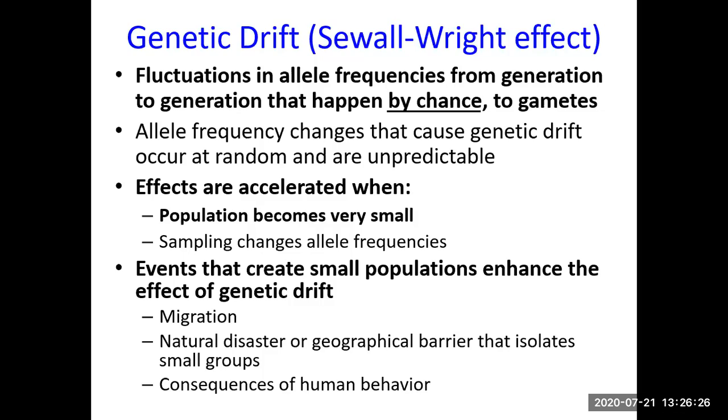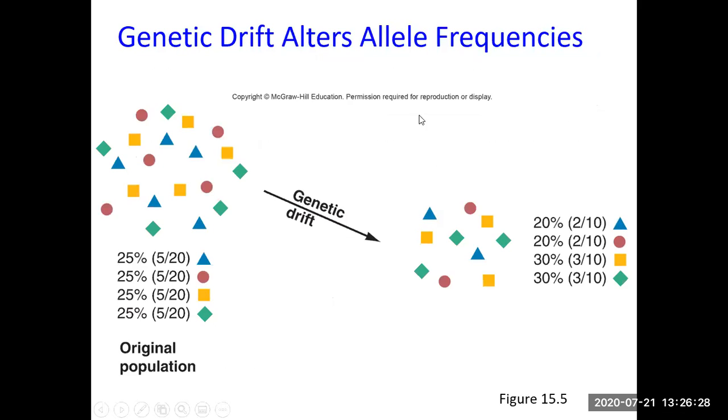There are so many examples of genetic drift. We will understand these 5 factors with the help of diagrams like these. This is the original population. The original population is made up of many types of genotypes: the red circles, the orange squares, the green diamonds, the blue triangles. All of these were equal in proportion, 5 out of 20, so 25%.